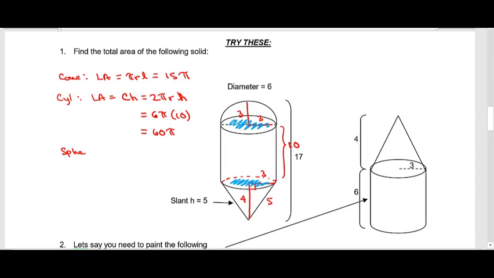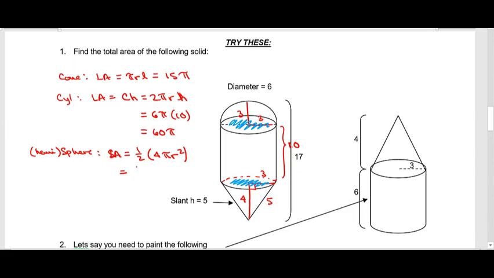The next thing we'll look at here is a sphere. Actually, we're looking at half of a sphere, or a hemisphere. The surface area is going to be 1/2 of 4 pi r squared, or half of the surface area of a sphere.